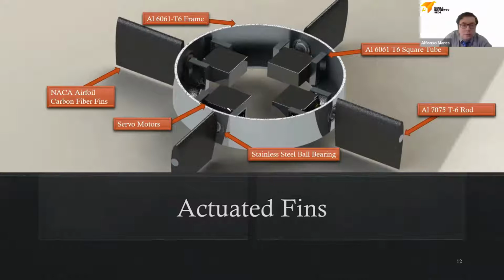We used aluminum 6061 T6 for the frame and square tubing. We used aluminum 7075 T6 for the rods connecting the actuated fins. The NACA airfoil carbon fiber fins are put together by stainless steel ball bearings, and those are all powered by the servo motors.